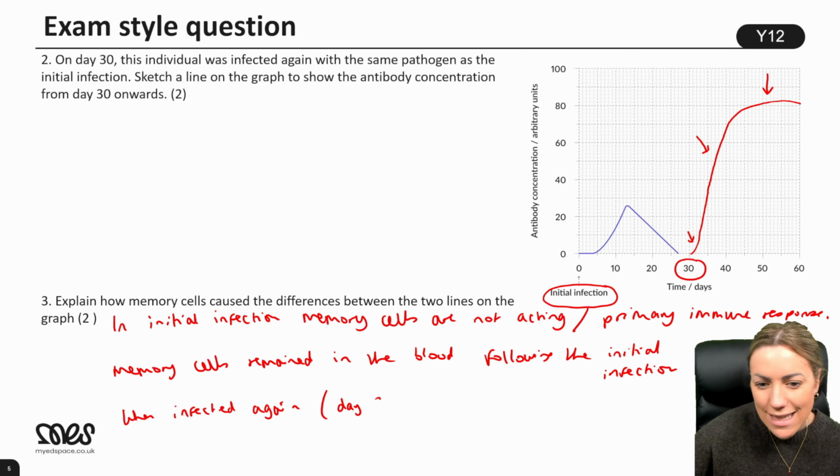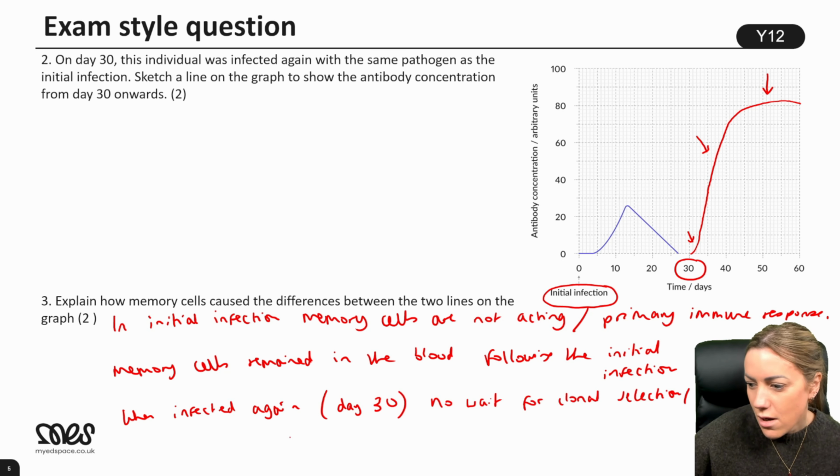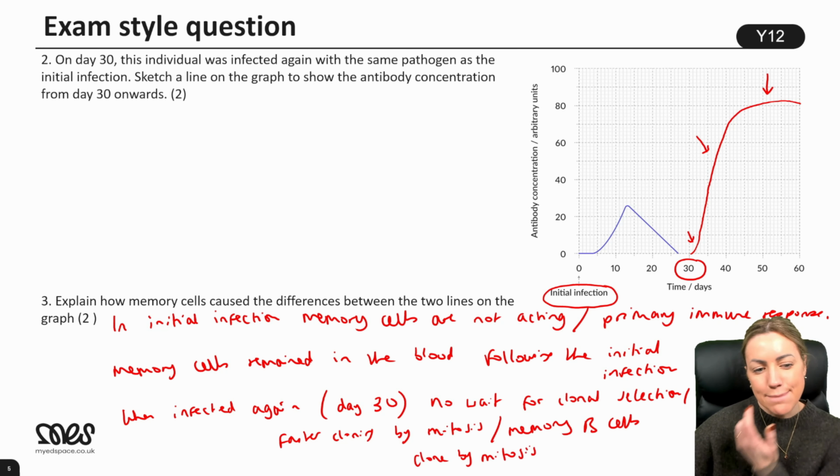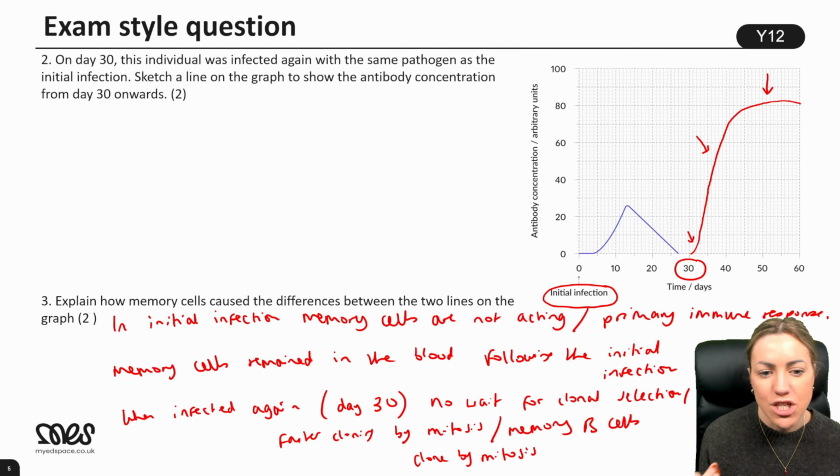So when infected again, round about day 30, no wait for clonal selection, or faster cloning by mitosis, or memory B cells cloned by mitosis. Or what I always say is memory B cells can quickly differentiate into plasma cells, and that will get you a mark.